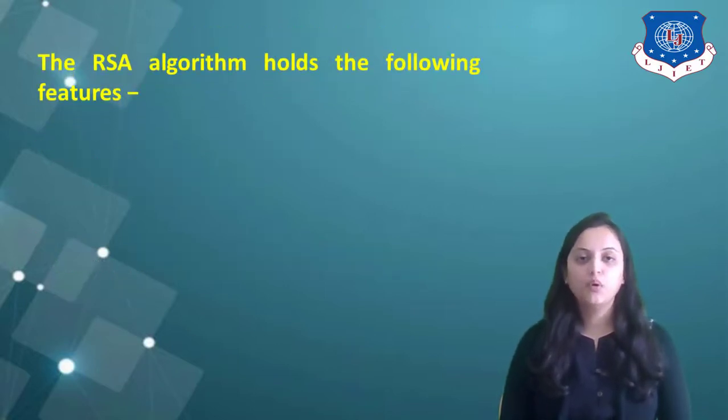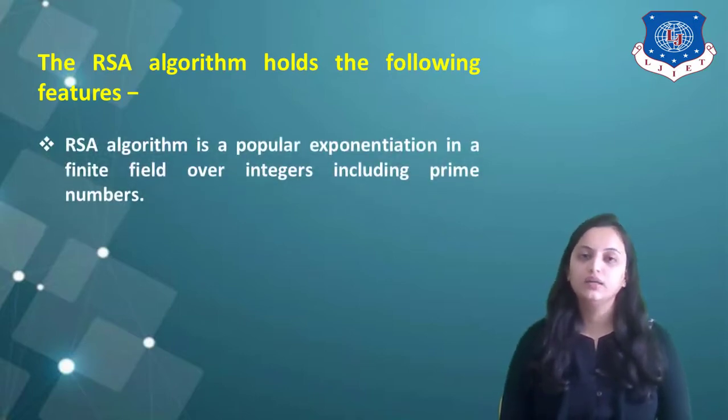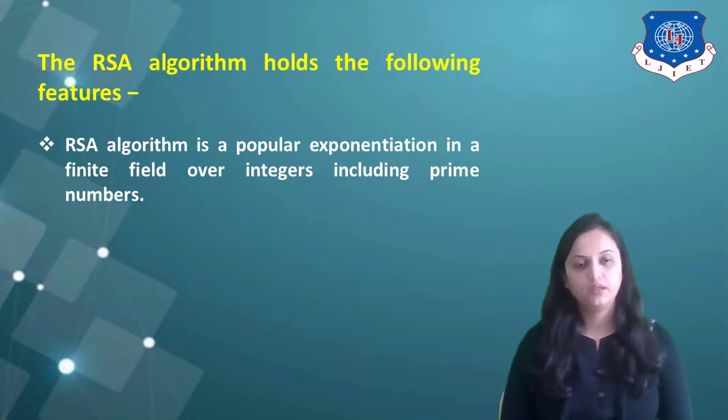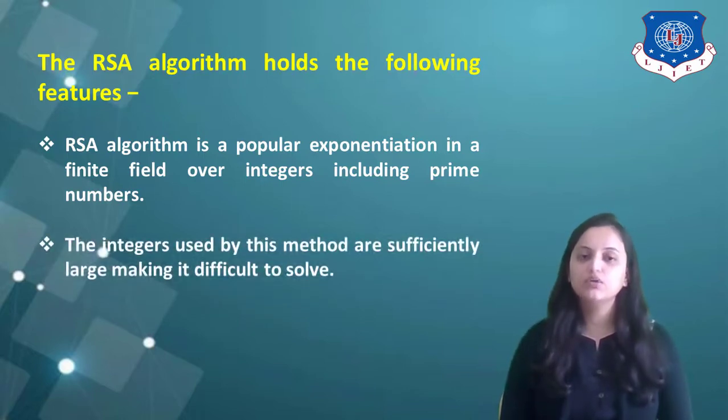The RSA algorithm holds the following features. First, the RSA algorithm is a popular exponentiation in a finite field over integers including prime numbers. The integers used by this method are sufficiently large, making it difficult to solve.